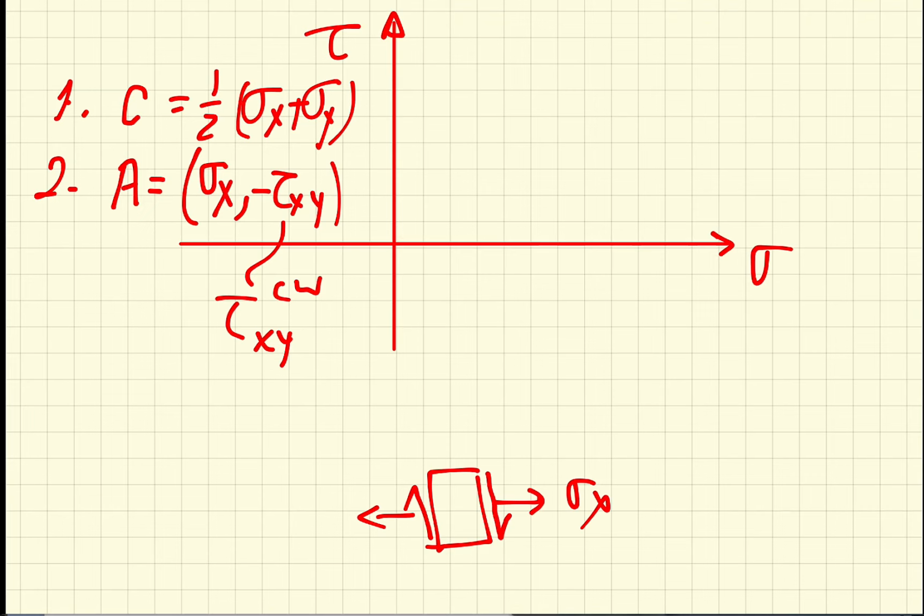Let me go back and define positive shear. The positive shear, as far as Mohr's circle is concerned, is clockwise. So in this case, this is a positive shear.